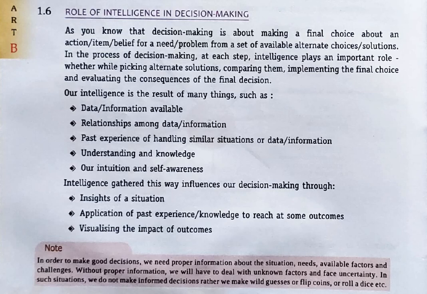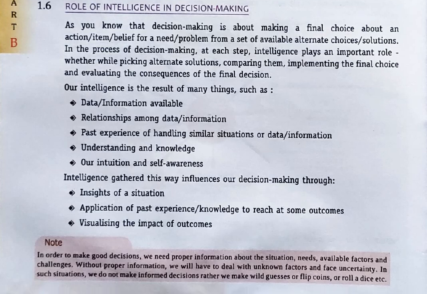We gather data, then we correlate the data, then we check our past experiences of those things. Okay, then we have the options, then we remove the options that are not possible, then we select our final option. Okay, so intelligence is very important in decision making.